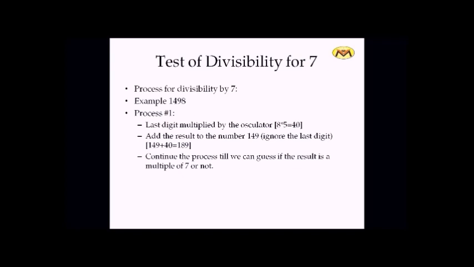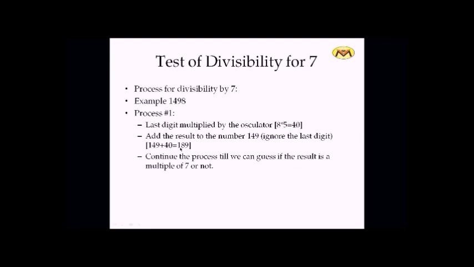The process for divisibility by 7 is, let's say we have a number 1498 and we want to check if this number is divisible by 7. One way is we take the oscillator 5, and we do 8 times 5 is 40. We add 40 to 149, and we get 189, and then we ignore the last digit 8.